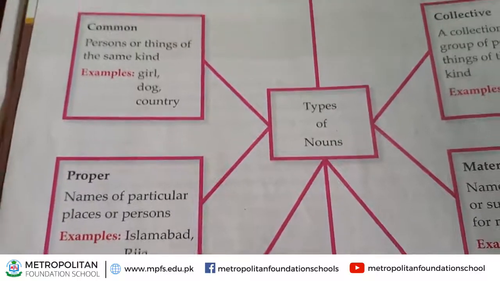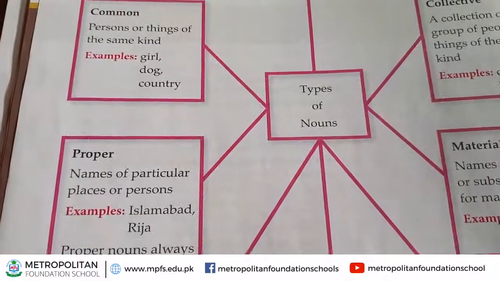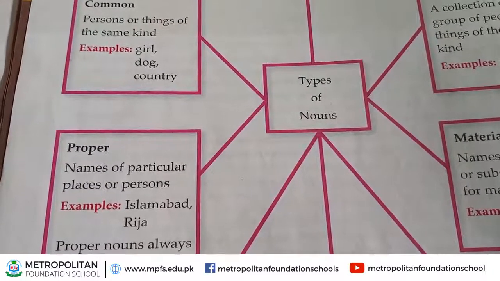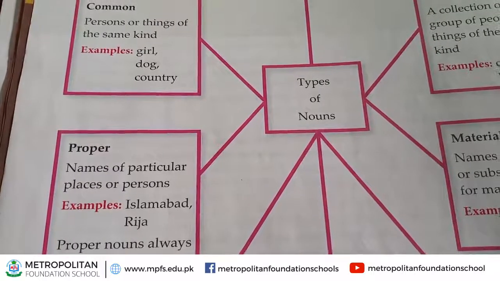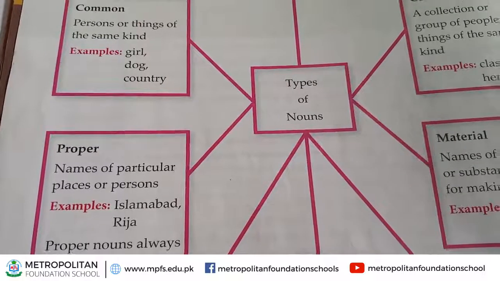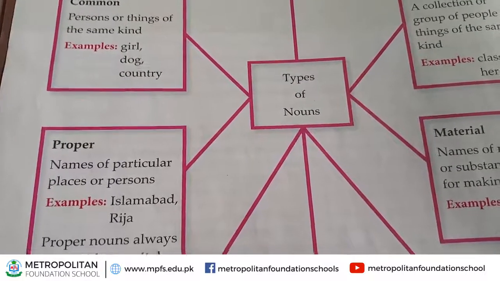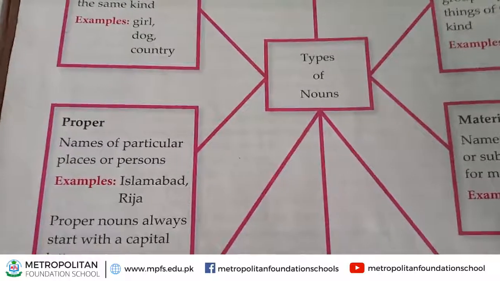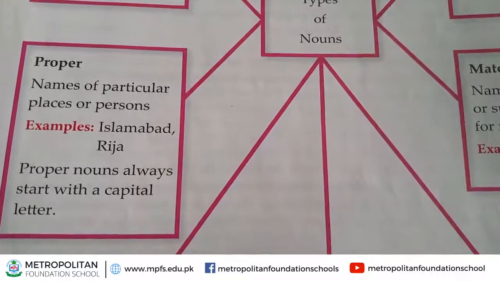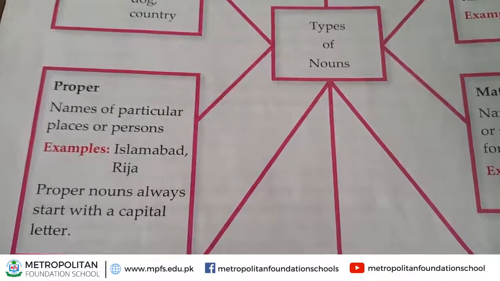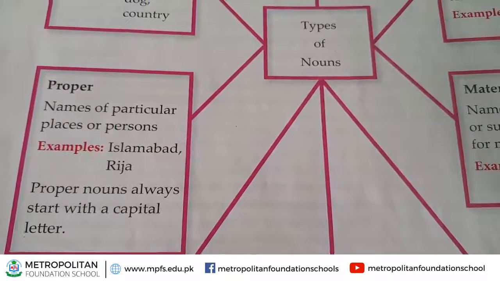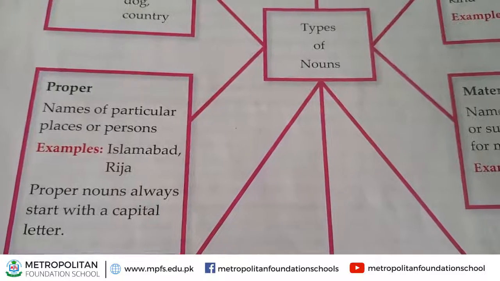And what is an abstract noun? Abstract nouns are nouns which refer to things that we cannot touch or see. These can be names of a quality, state, or concept. I again repeat, abstract nouns refer to things that we cannot touch or see.